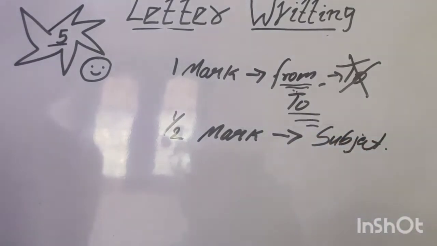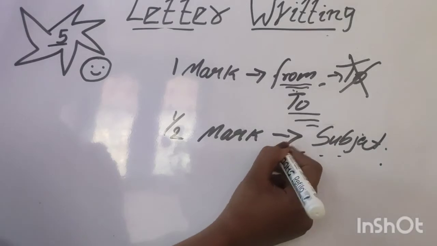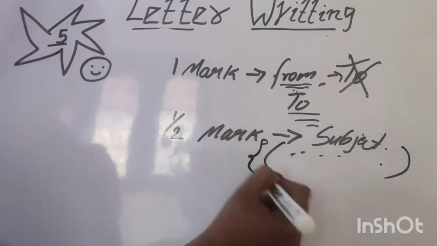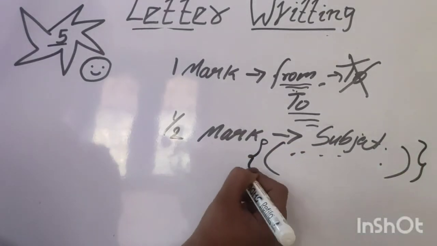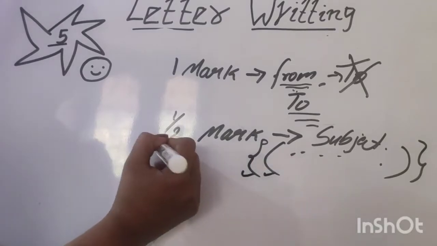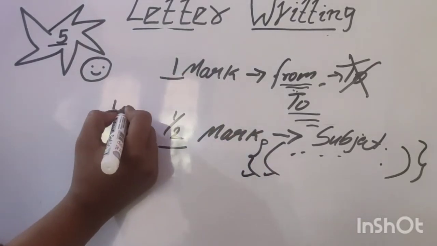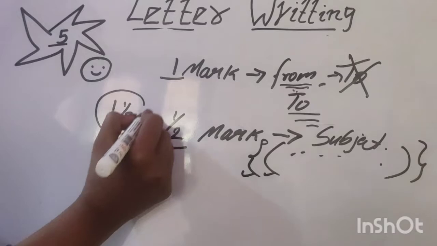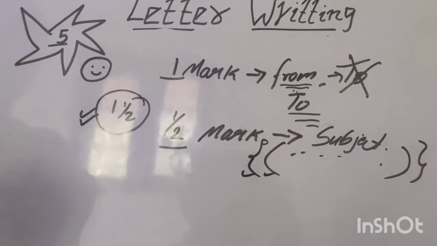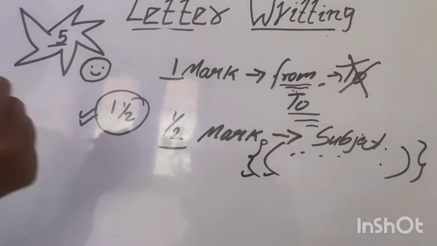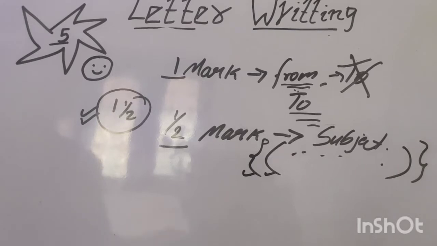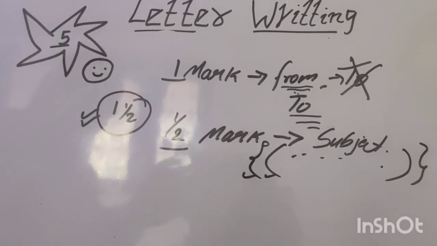The subject should be clear, it should not be like a paragraph, 1 line or 1.5 lines is enough. Try to use these types of brackets, any bracket you can use, so that you can present your formal letter in another way. So this is 1.5 marks we got. Finally, 1.5 marks, we are clear about it.